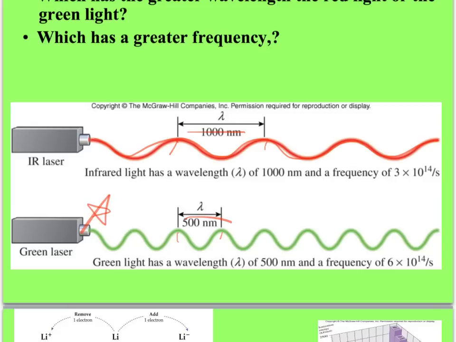Obviously, the green one does, because it's going to have more wave cycles per second, because there's more of them with that shorter wavelength. So do you see how here we have high wavelength and low frequency? Here we have lower wavelength and higher frequency. And this shows you one goes up, the other goes down, so they're inversely related.